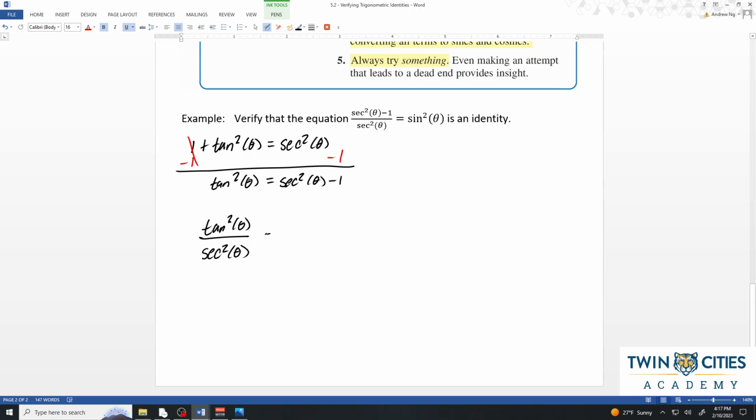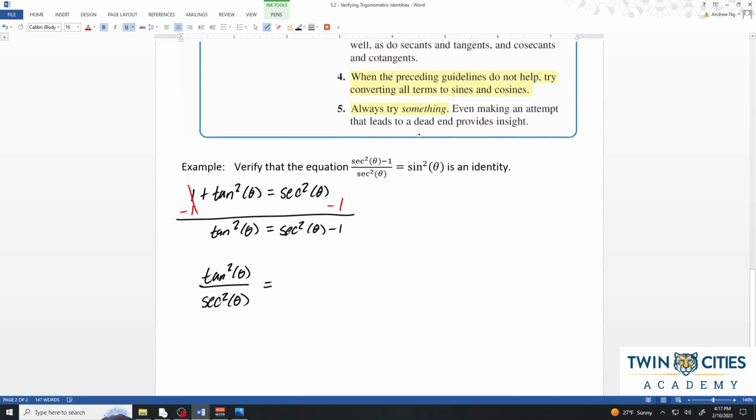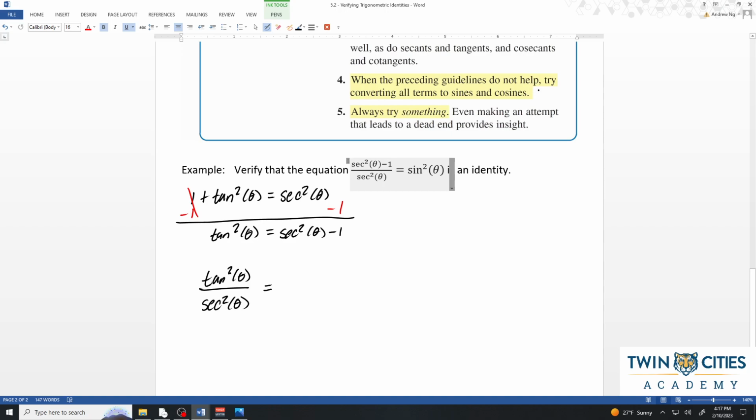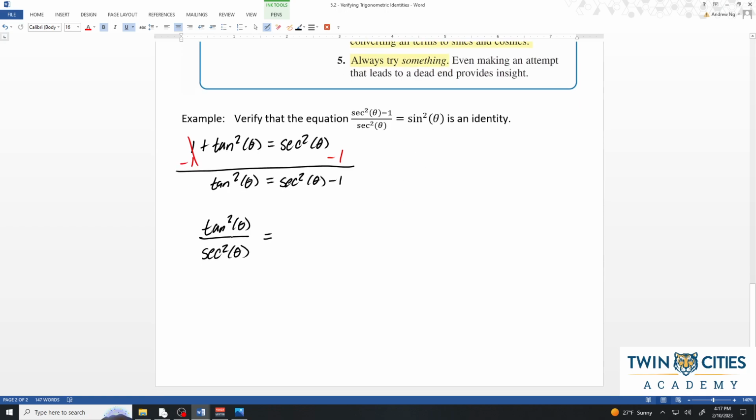Let's try to convert things to sines and cosines, just like up here, I've had 4. Try converting everything to sines and cosines. So tangent is sine over cosine, so tangent squared would be sine squared over cosine squared.